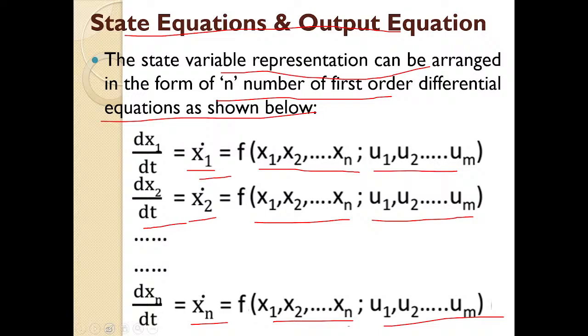So if you take the first order differentiation of the state variables, they are functions of the state variables as well as the input variables. So just write it down.